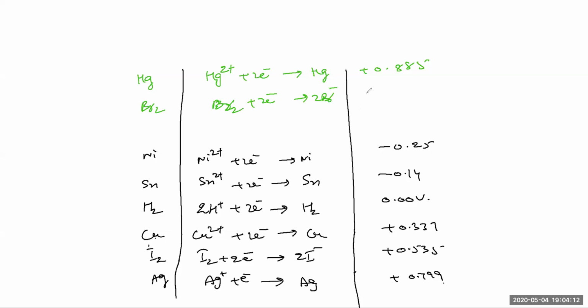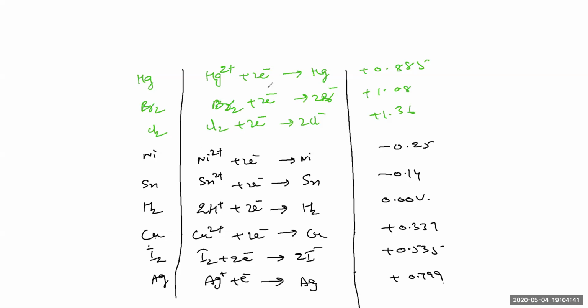What is that value? Plus 1.08. After bromine, next chlorine, Cl2 plus 2 electrons becomes 2Cl minus, plus 1.36.